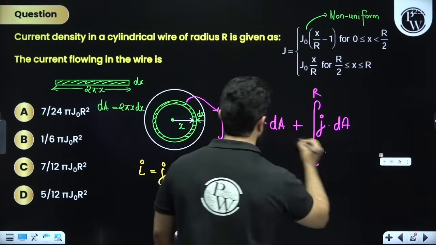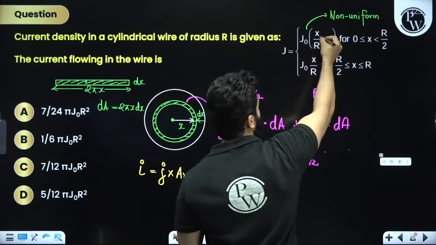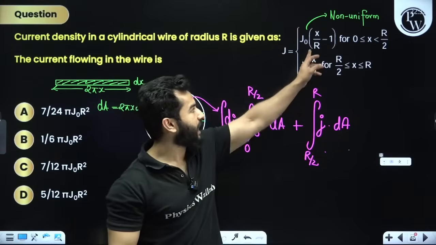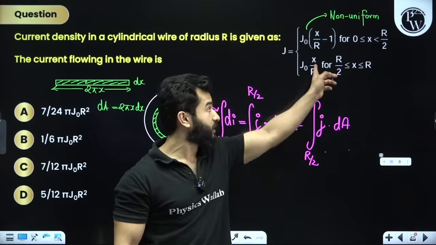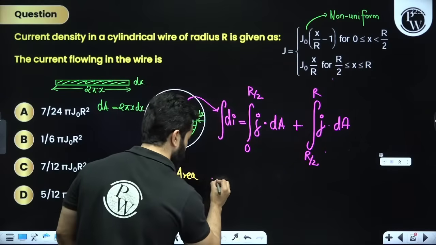So when you put 0 to R by 2, use this current density, and when you go from R by 2 to R, use this current density. I am going to write it down for you, don't worry.